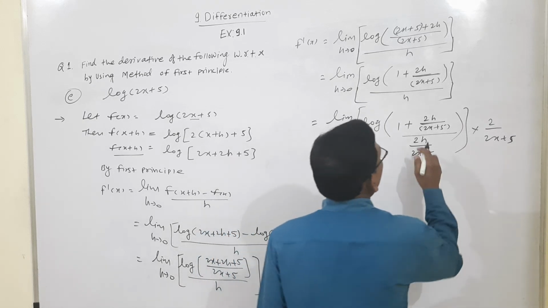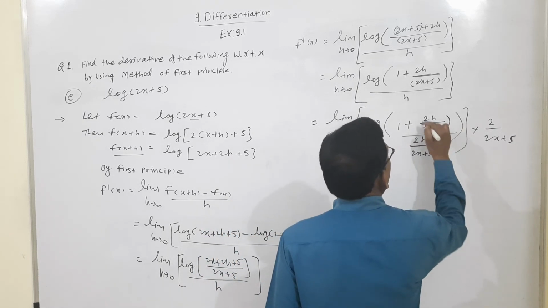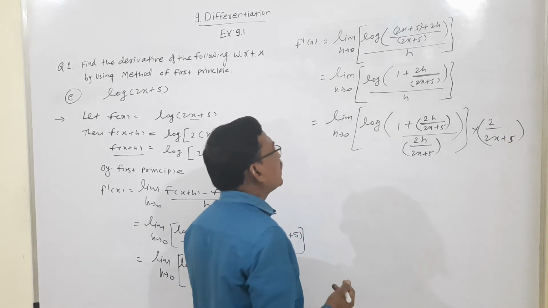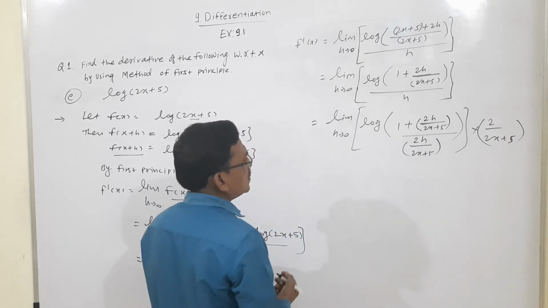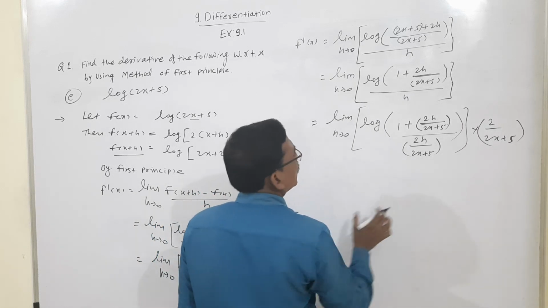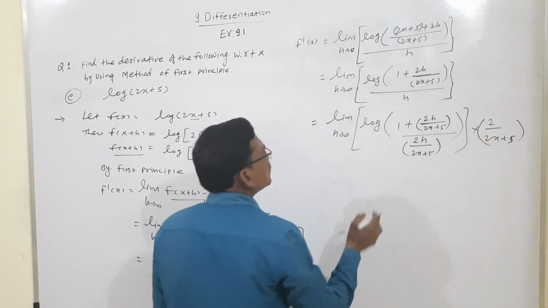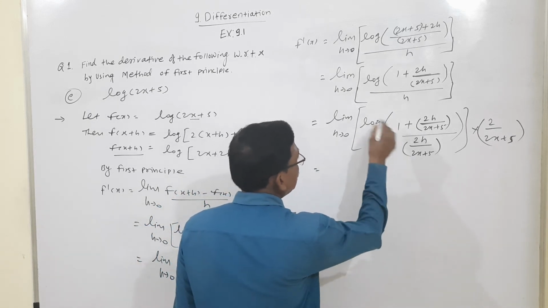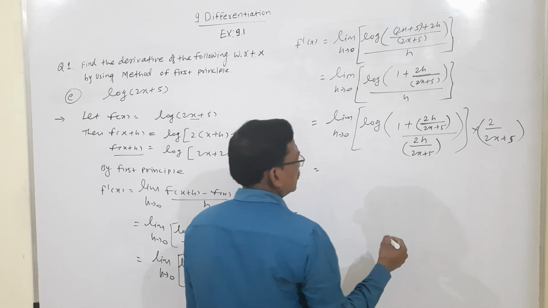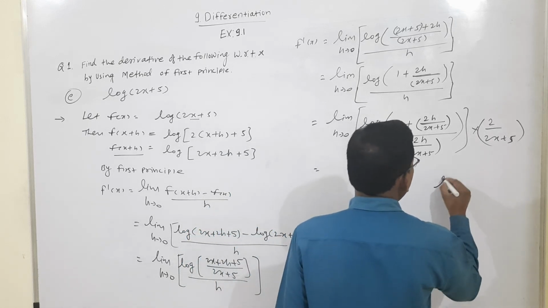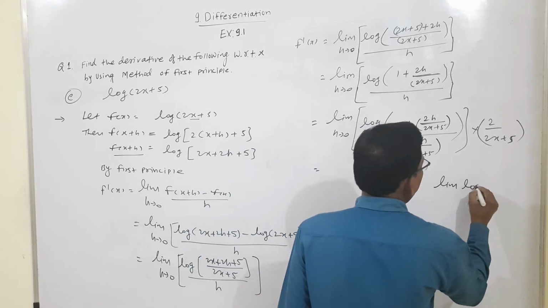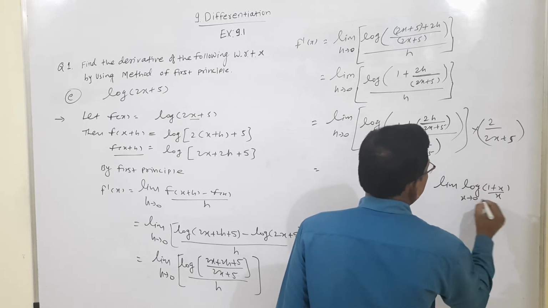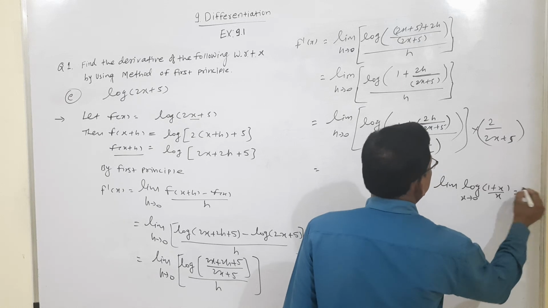So therefore we apply the limit as h tends to 0 to this term, and this will be a constant term. The limit of a constant is the same constant. Because we use this formula: limit of log of 1 plus x upon x, as x tends to 0, gives 1.